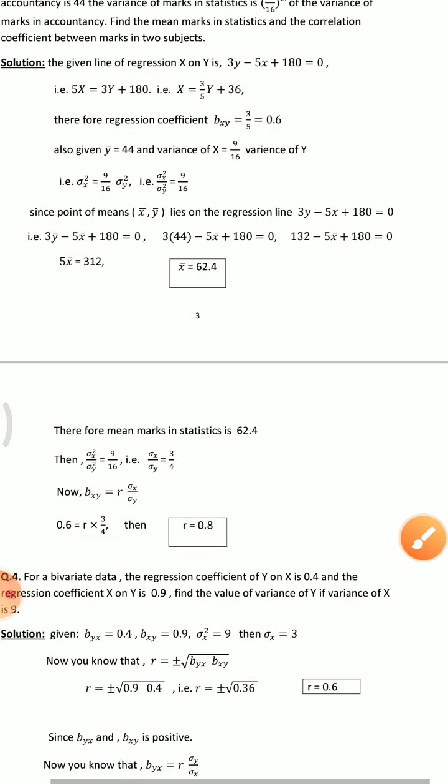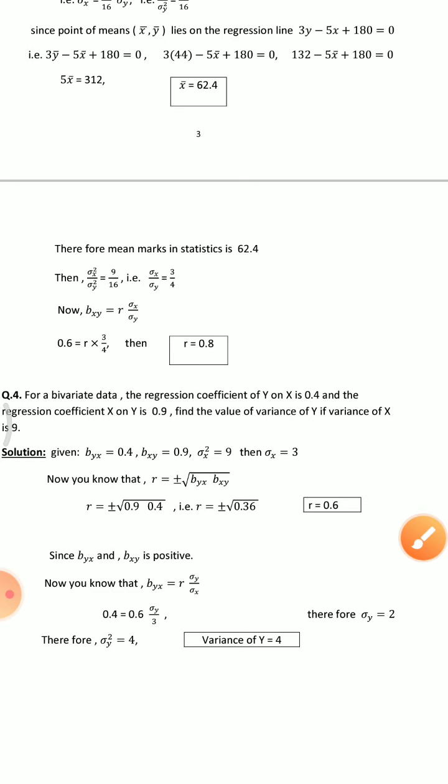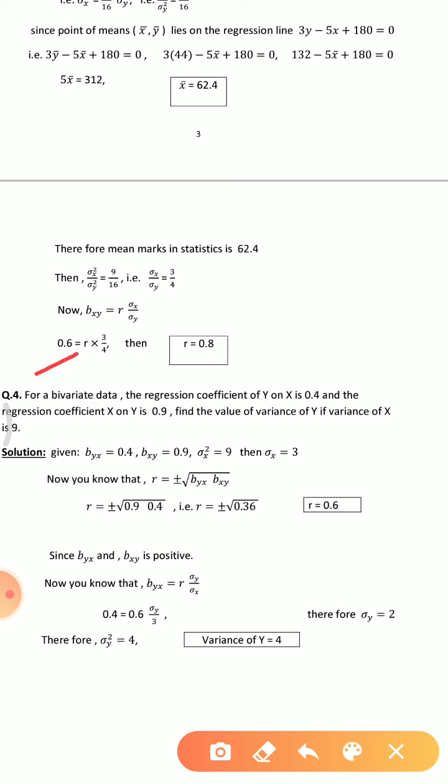Now we have to take b of xy, that is the regression coefficient of x and y, is equal to r into sigma x upon sigma y here. Substitute this value: regression coefficient of x and y is 0.6, r is not given here, and sigma x upon sigma y is 3 by 4.